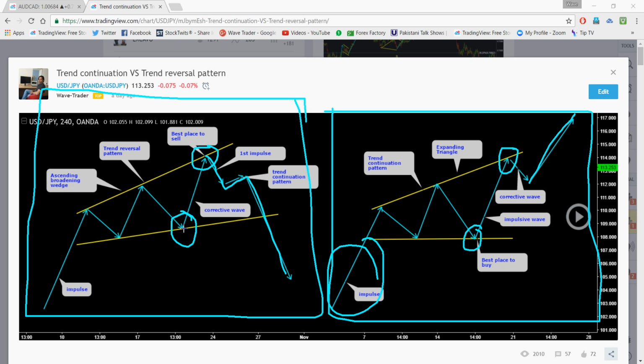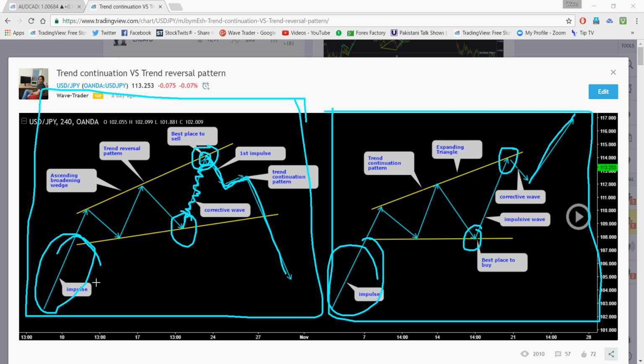If you see some sign at this point that price is rising to the upside correctively, not rising to the upside impulsively like the previous one, then it means price is going to fall down really aggressively once it hits this upper trend line, or upper ascending broadening wedge trend line, and then form an impulse, and then form a continuation pattern, which means price is going to reverse the previous trend.